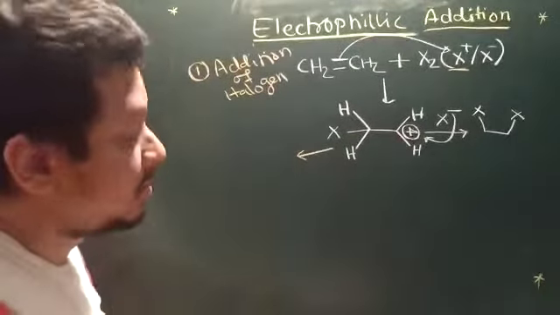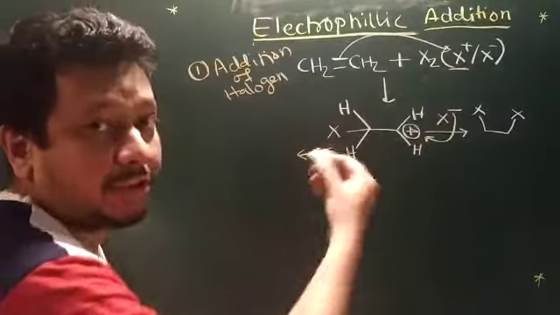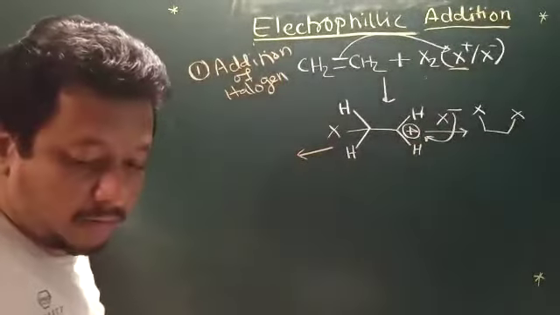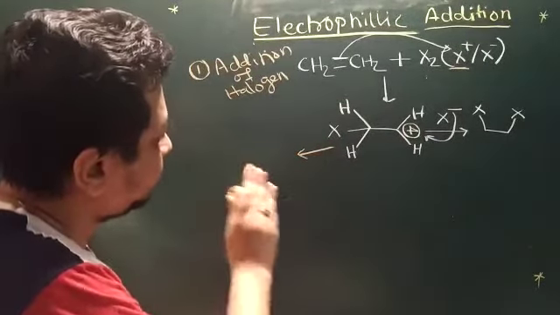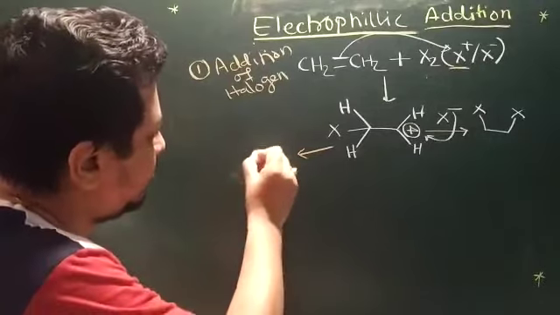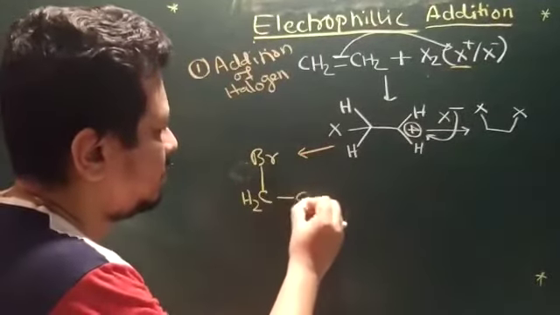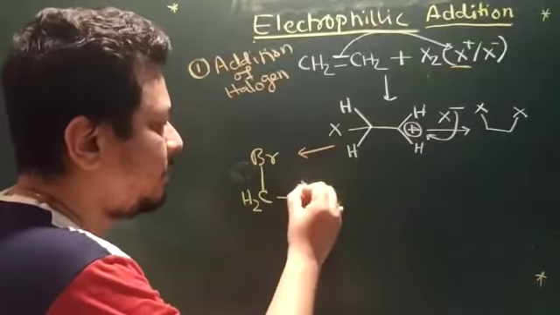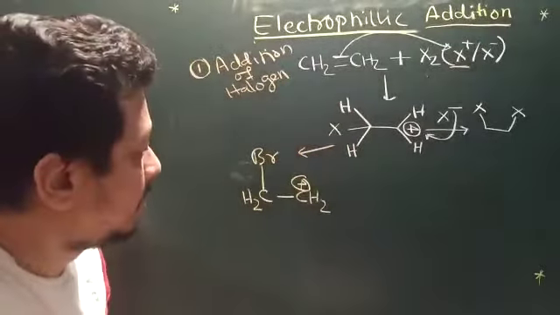What is the twist? Especially when you add bromine, like suppose this X2 is your bromine, and I'm writing the intermediates. So this is bromine added, this is carbon CH2, this is CH2 plus.